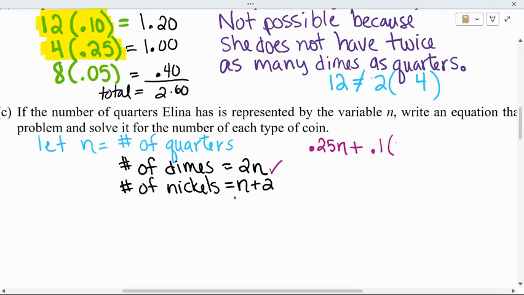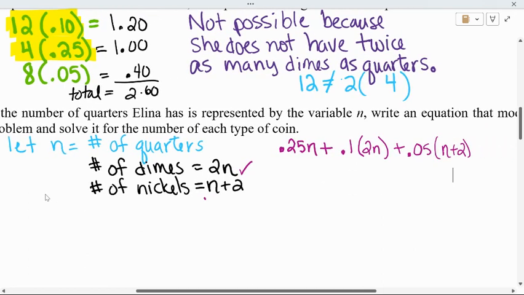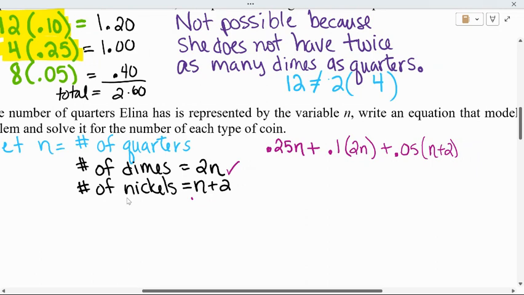So 0.1 times 2n plus, how much is a nickel worth? 5 cents. And the expression for nickels is n plus 2, so 0.05 times n plus 2. And how much money did she say she had altogether? $2.60.